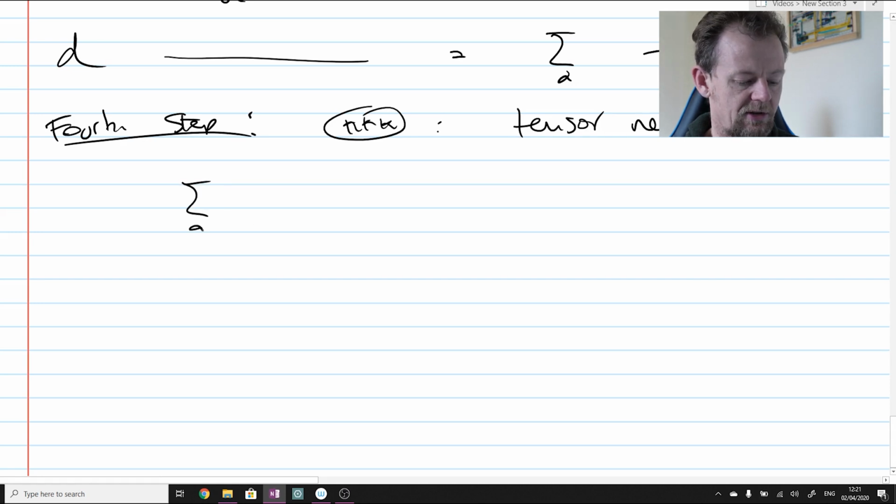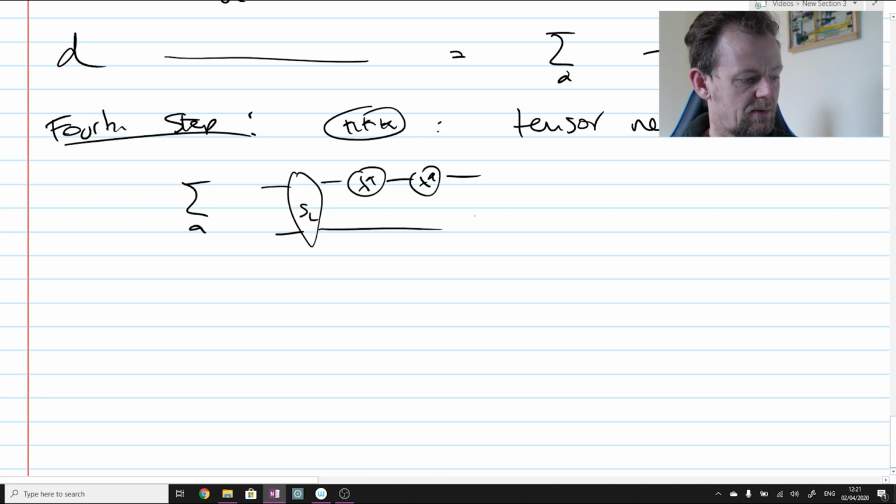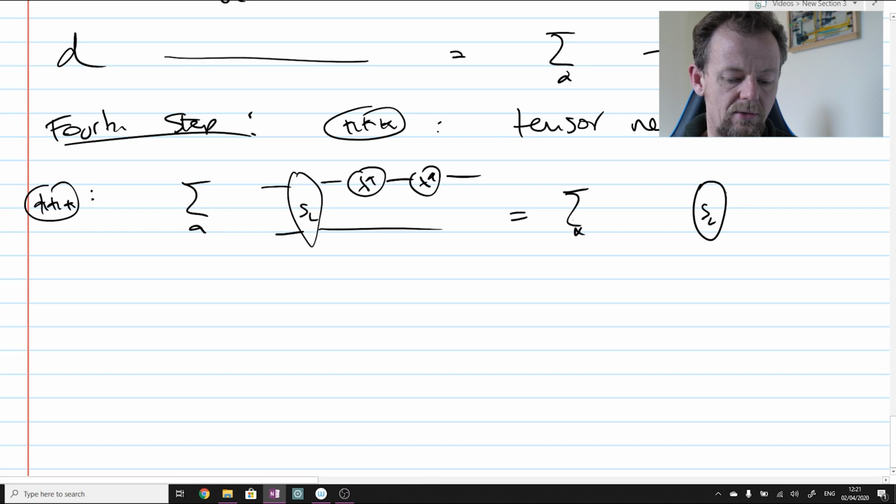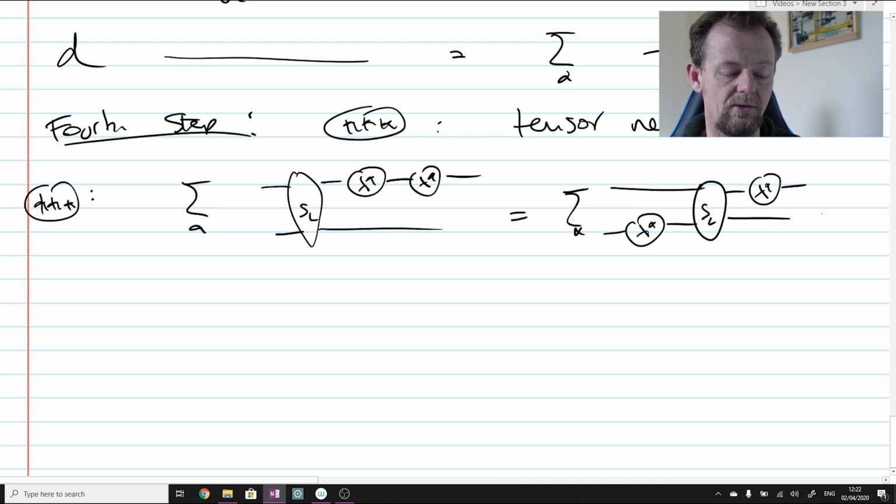It looks like we've got a summation over alpha, we've got this S2 operator, we've got lambda alpha, remember S2 acts on two tensor product factors. So the triple star identity looks like this. On the left-hand side and on the right-hand side, we've got a sum over alpha of S2 and lambda alpha. And then we've got a lambda alpha coming in on the second tensor product argument in front of the S2.